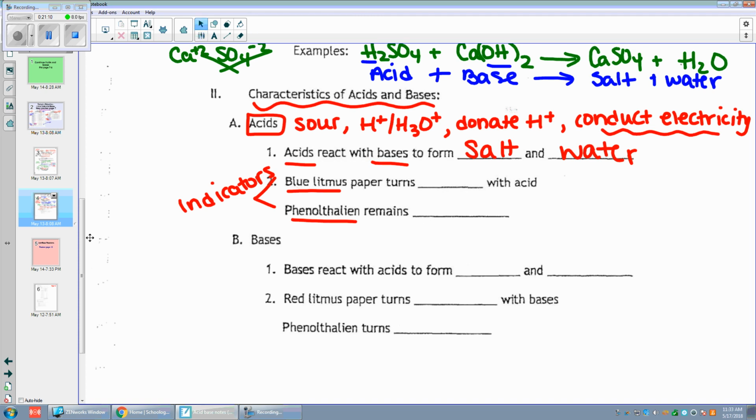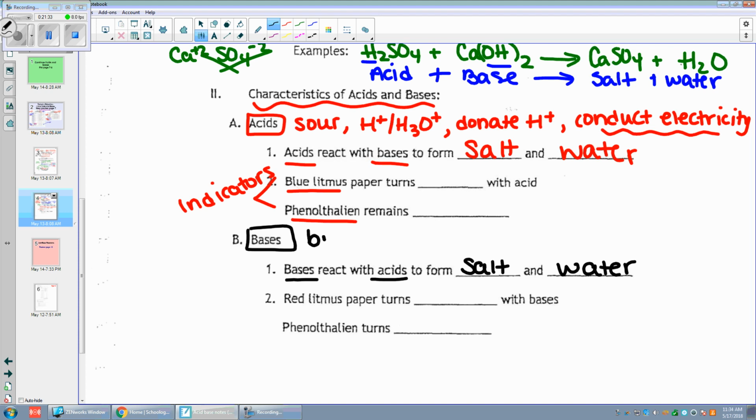And now let's look at our bases. We can do the same thing. A base reacts with an acid to form salt and water. I hope we're understanding that this will be an important equation. I've probably said it about 5 times already right now. Acid plus base will give you salt and water. That will be important. And our characteristics: bases taste bitter. Think like dark chocolate.